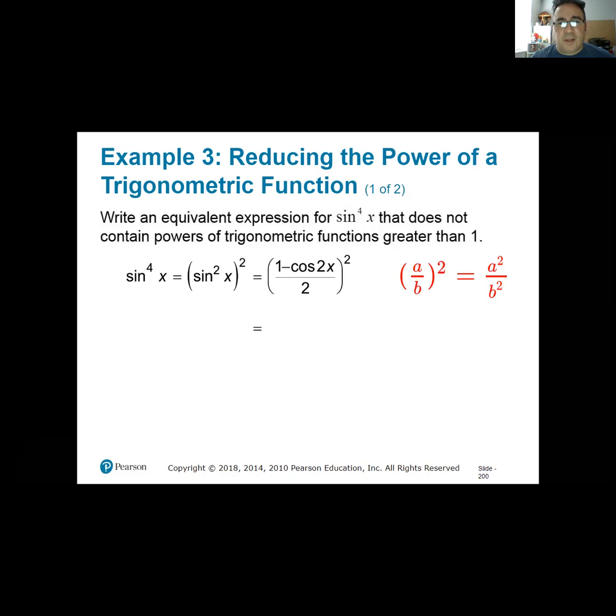The denominator is going to be a what? What's 2 to the second? It's a 4. So that's my denominator.